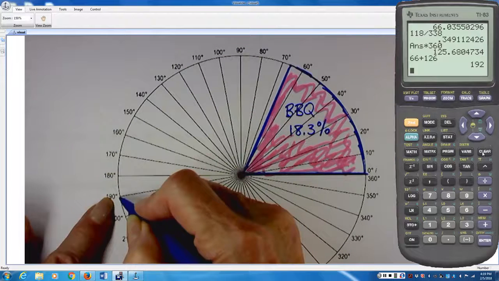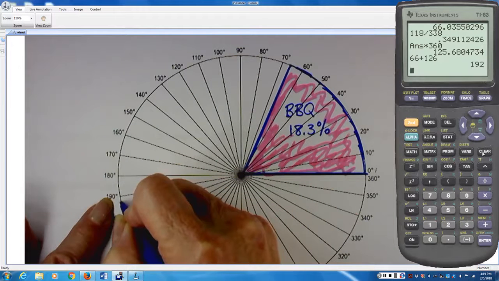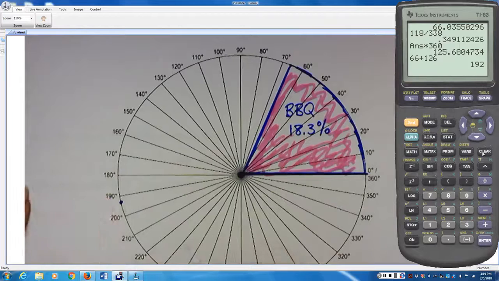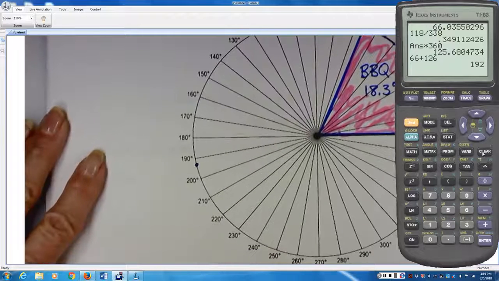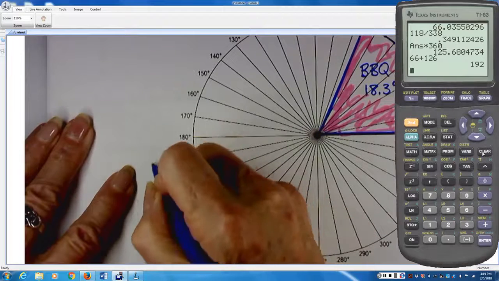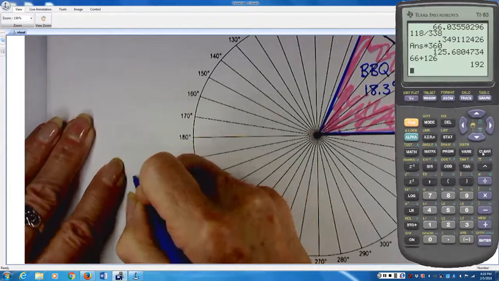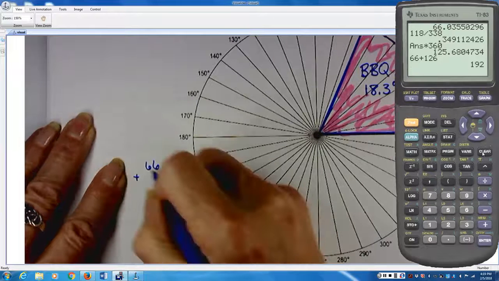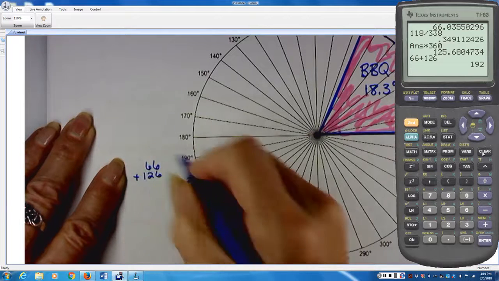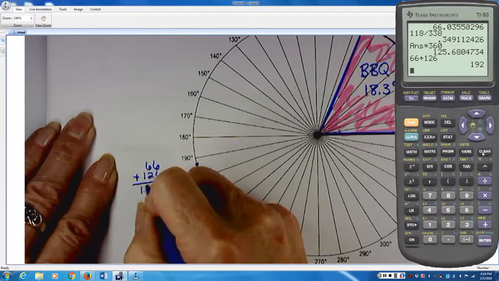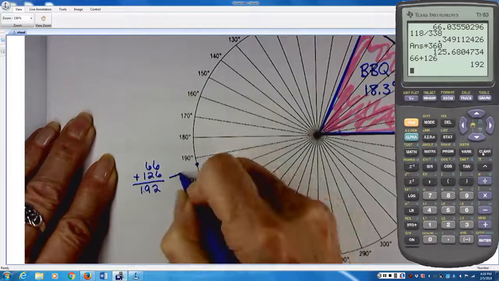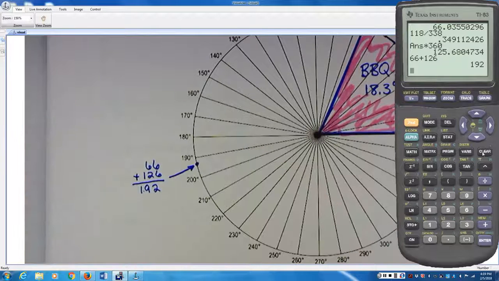So here's 190. There's 192. So that's why I went there.